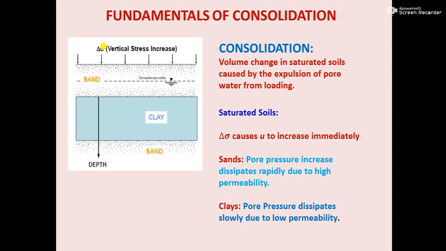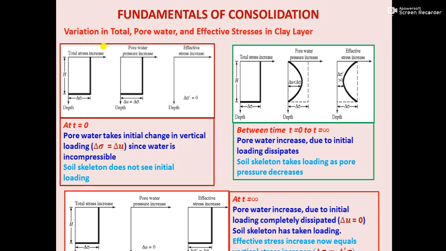So you see, I tried to show you 3 steps in this. Very carefully understand these 3 steps. The first one is this one, the second one is this one, the third one is this one. So let's try to understand the first one. What is happening? See, the variation in total stress, pore water pressure and effective stress in the clay layer.